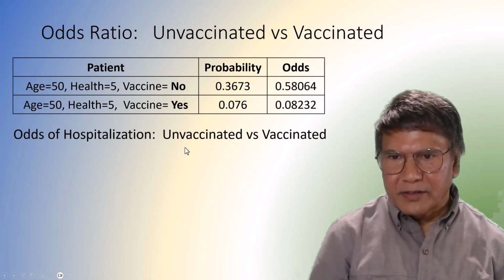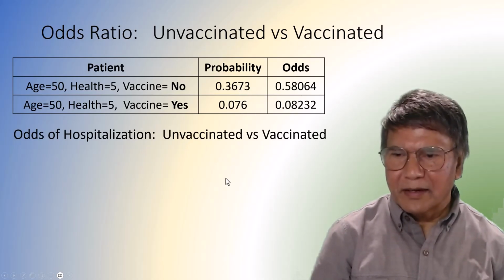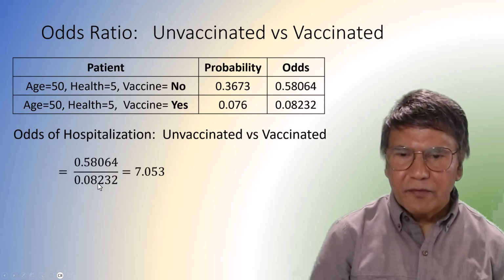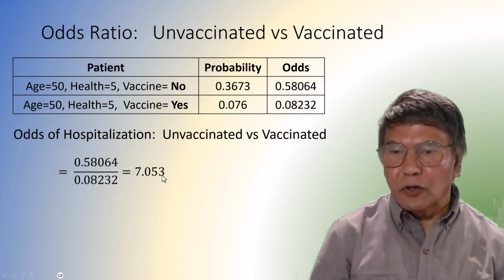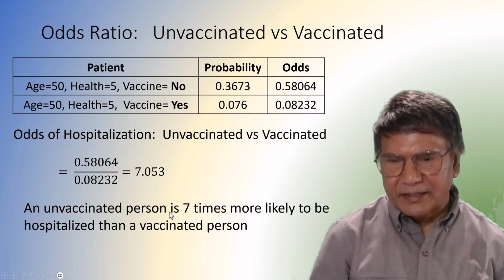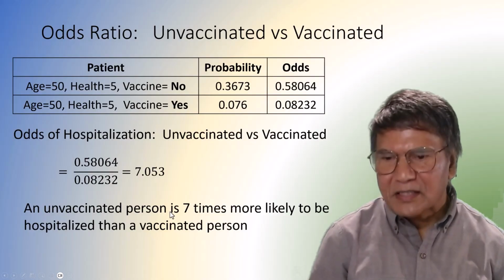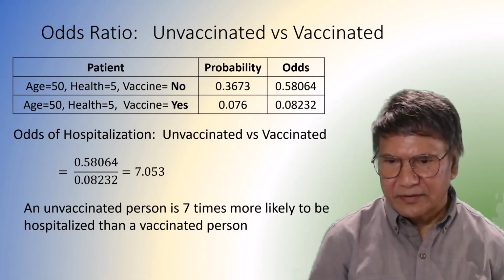So now what are the odds? That simply will be this over that. I mean this over that. This over that is 7 times. So in conclusion, if you do not take the vaccine, the chance of you going to hospital if you fall sick is 7 times more than the person who takes the vaccine.